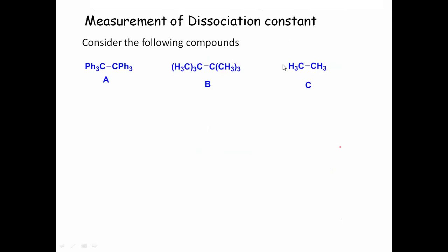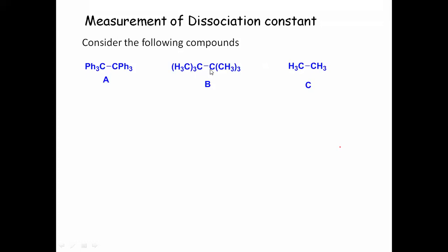What is this? It is ethane. When ethane undergoes dissociation, meaning breakage of one carbon-hydrogen bond, that will give you a certain radical by homolysis.